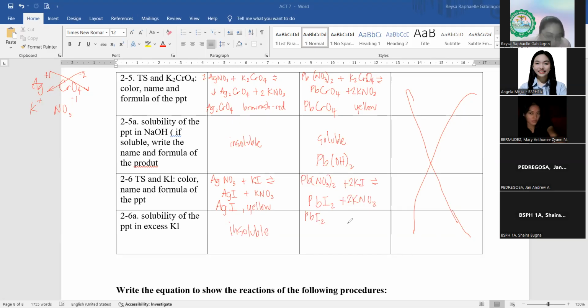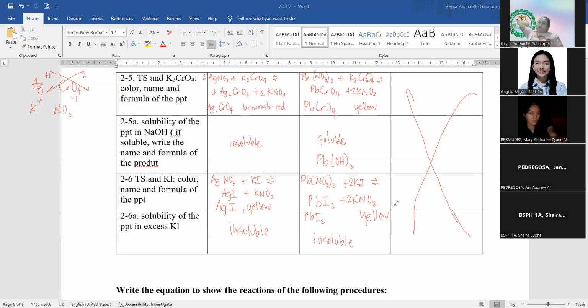This is still insoluble. Yes, correct. This is also yellow in color. So they are the same. Please copy that.